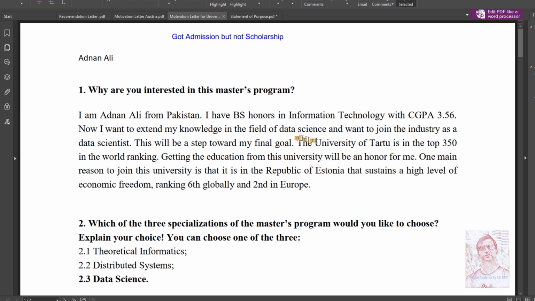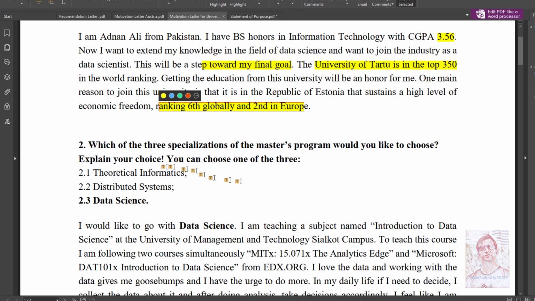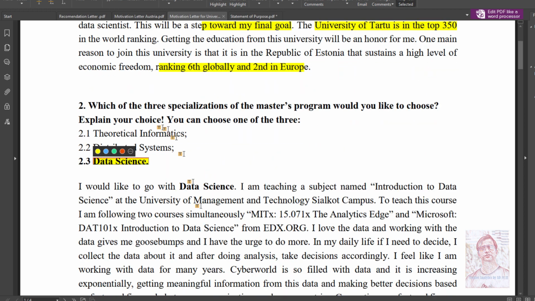Then I have praised the university, why that university's ranking is good, my CGPA is good, and how it will help me to reach my goal. You can see that I have praised the country too. Then they asked which field I want to choose. I mentioned the field.